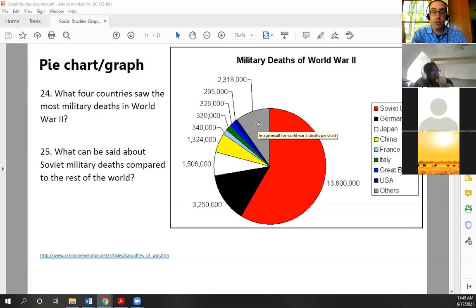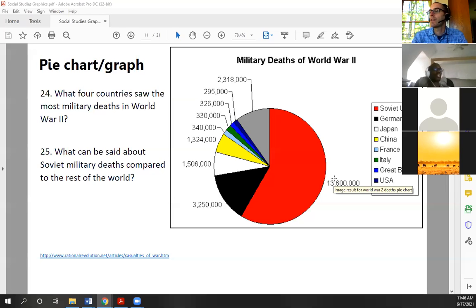On a pie chart, you may see something that says others, because this lists 7 or 8 countries, and then every other country that did not lose very many, but not enough to show up in the graph, we group together into this gray others category. People died, and we want to show that on the graph, but it's not the most important information. So sometimes the person who makes the graph just makes an others category.